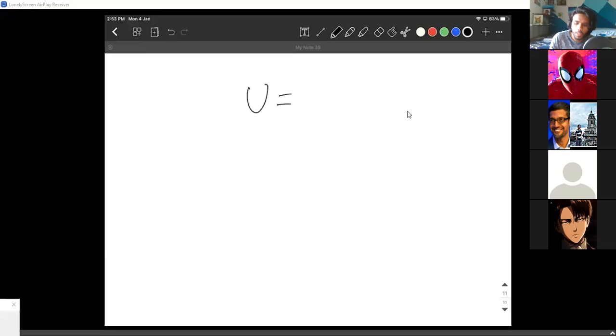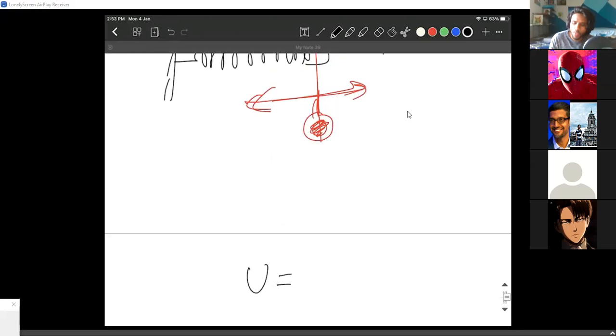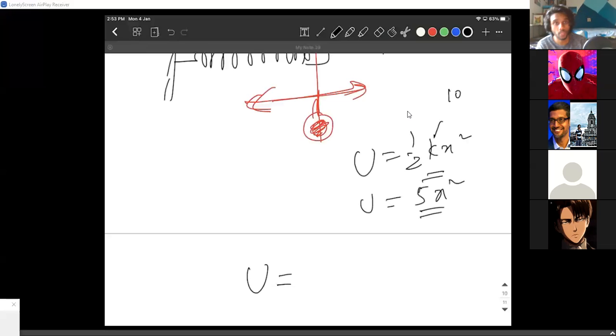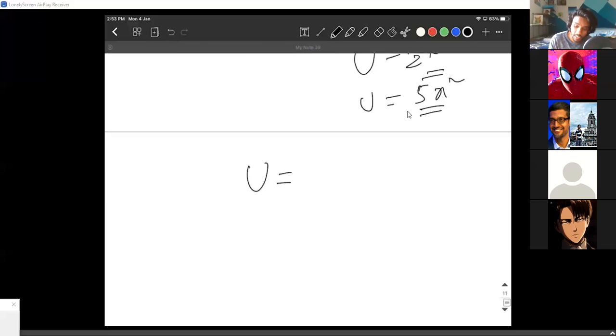In that problem, potential energy is given as, normally what is potential energy? It must be half kx square, right? If k is 10, the potential energy must be 5x square. But in that problem, the potential energy was given as something like 5x square plus 4x plus 2.